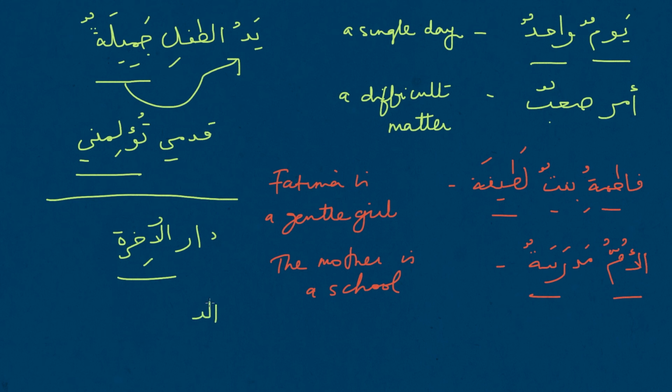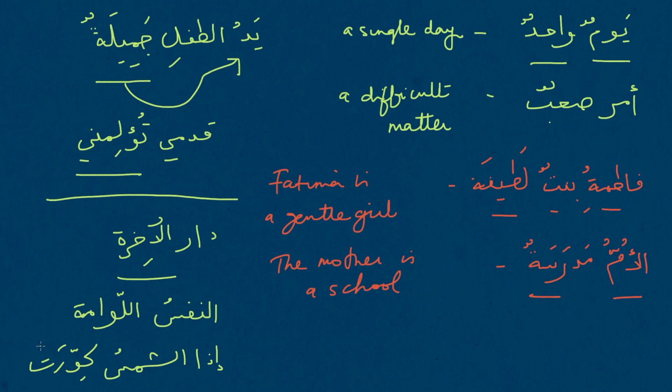An Nafsu Al Lawwama, the phrase in the Quran, the self-blaming soul. إذا الشمس كورت. كورت is feminine because الشمس is treated as feminine.